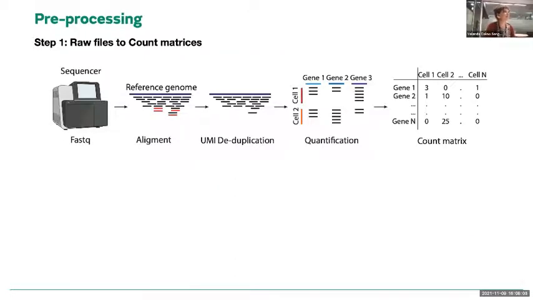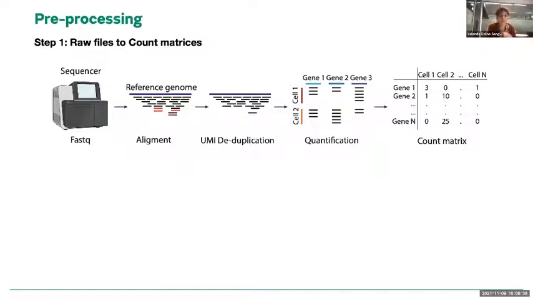So for the first pre-processing step, which goes from the raw files, the FASTQ files, to a count matrix, you first need to align the reads that are in the FASTQ file to your reference genome. And then once you have aligned these reads, you need to do UMI deduplication.